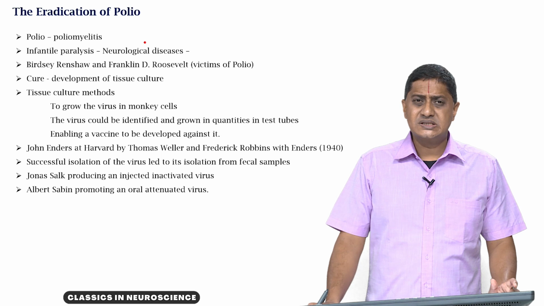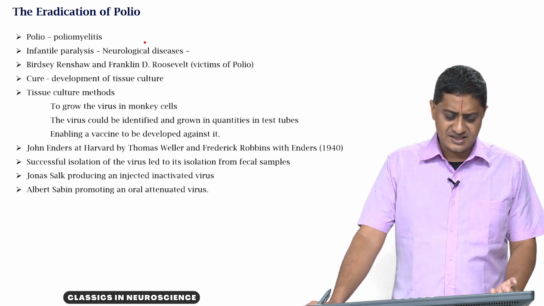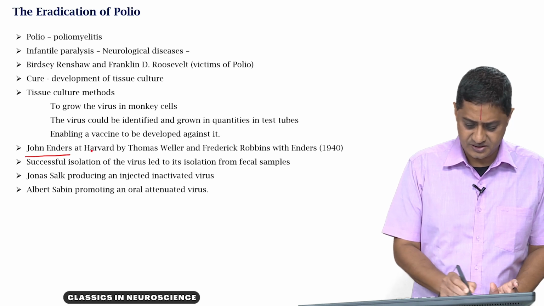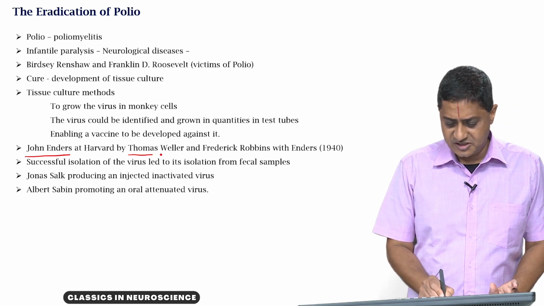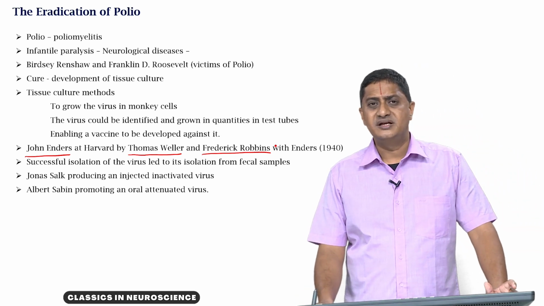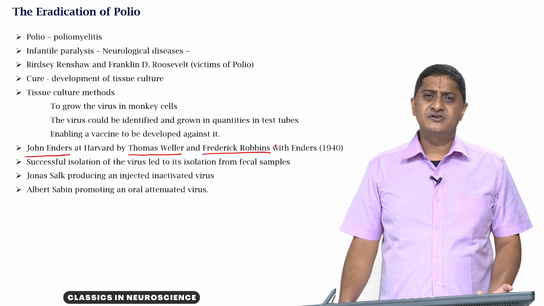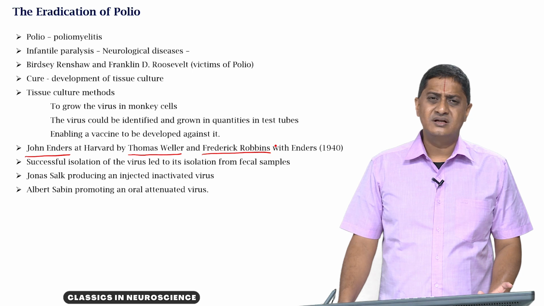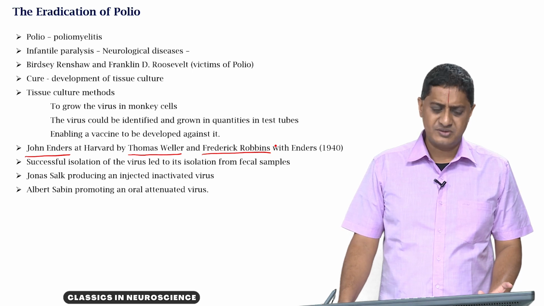So, this virus was first isolated at Harvard University by John Enders in collaboration with Thomas Weller and Frederick Robbins in the 1940s. Successful isolation of this virus by this team from Harvard later led to the isolation of this virus from fecal samples.